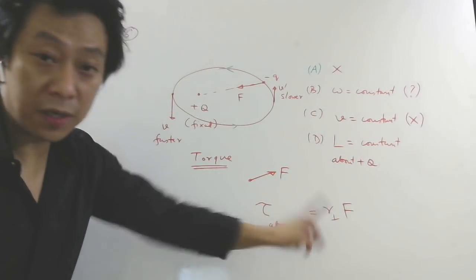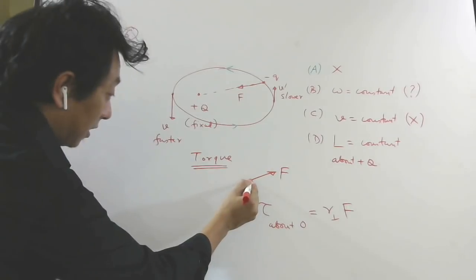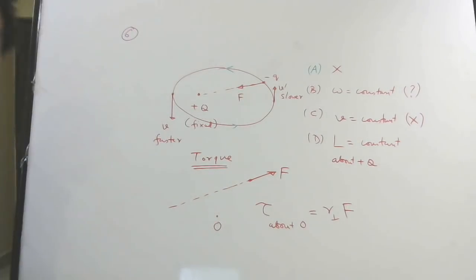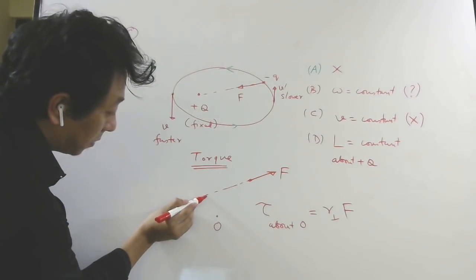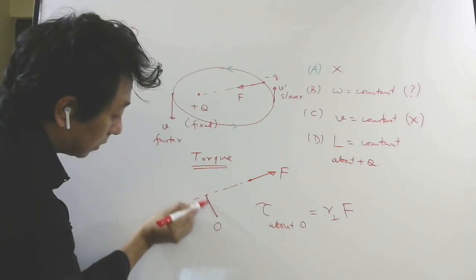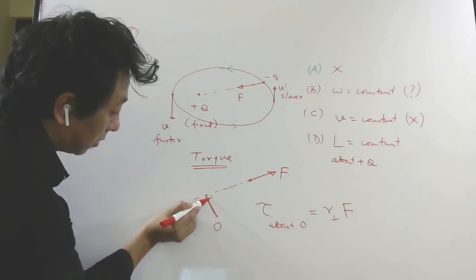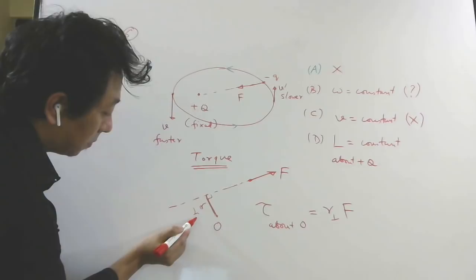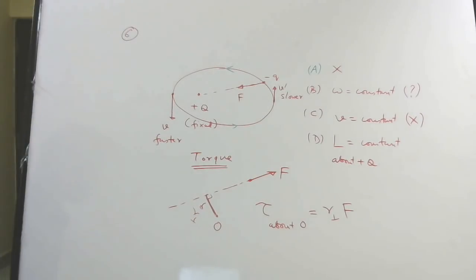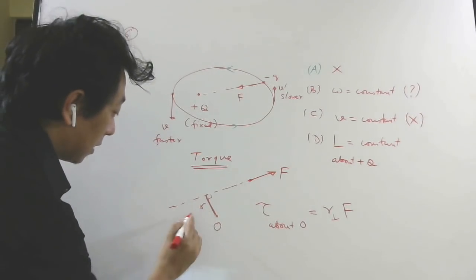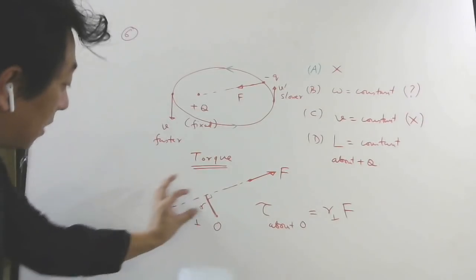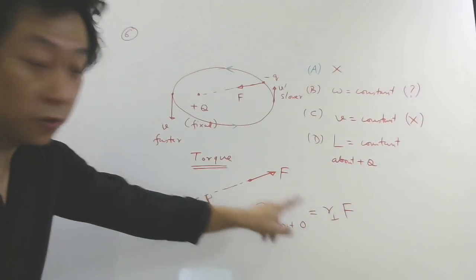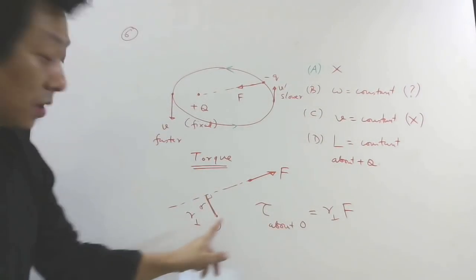How do you calculate R perpendicular? Extend the line of force. Then you drop a perpendicular. Okay, perpendicular. And this is called R perpendicular. Okay, let me write properly. R perpendicular. So multiply this distance with this force, you will get torque about O.